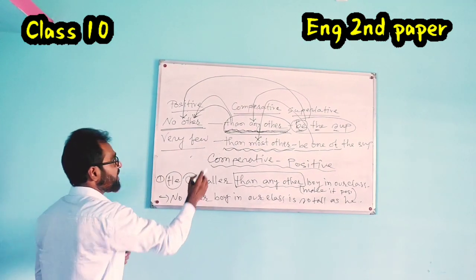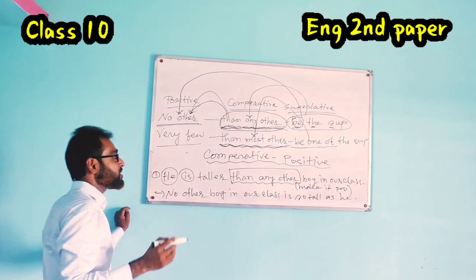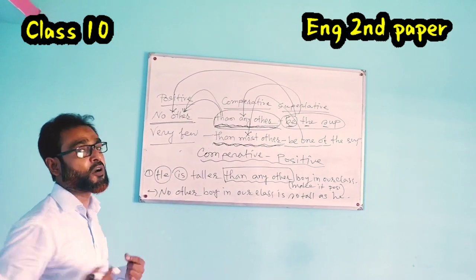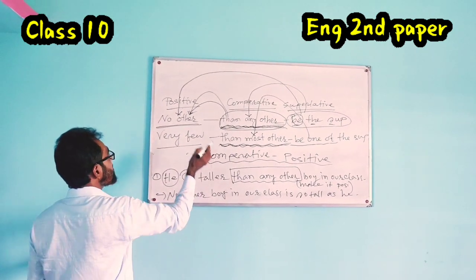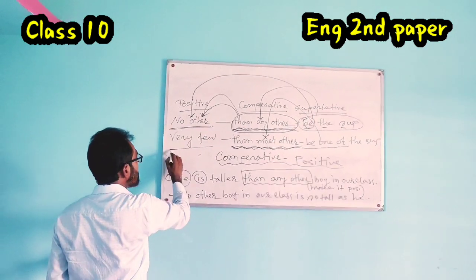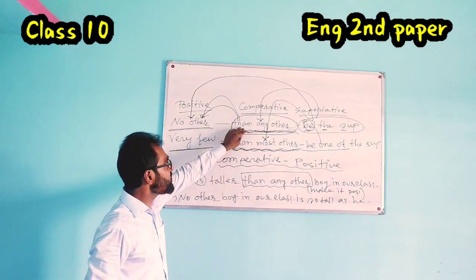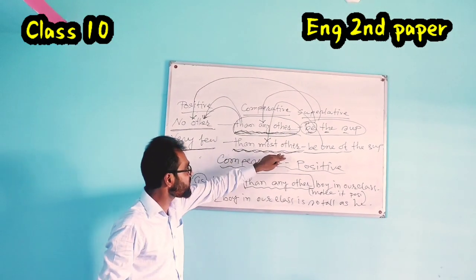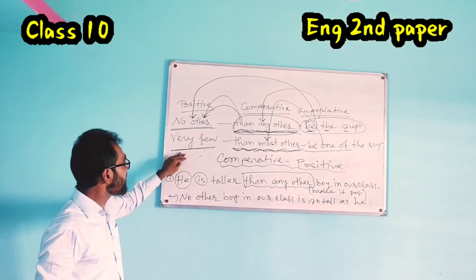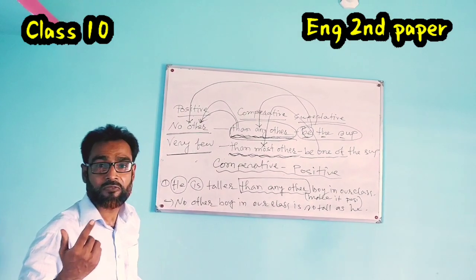If you find any sentence with than most other and you are requested to transform it into positive, then you have to use very few. If you find any sentence with than any other, you need no other. Whenever you find than most other, you will need very few to make it positive from comparative.